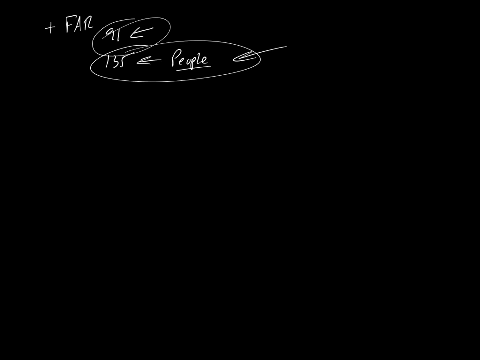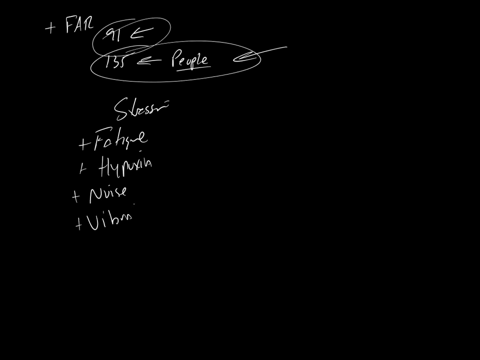Perfect. Okie dokie. What are some of the major stressors of flight? Fatigue. Good. I think there are 8 of them, right? Good. Noise. Vibration.